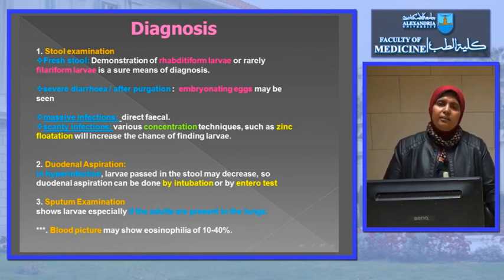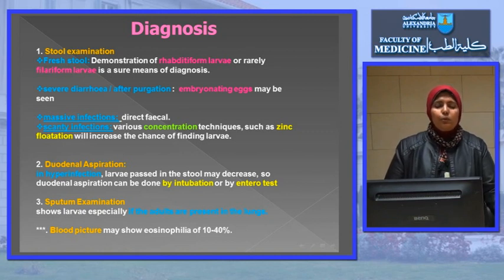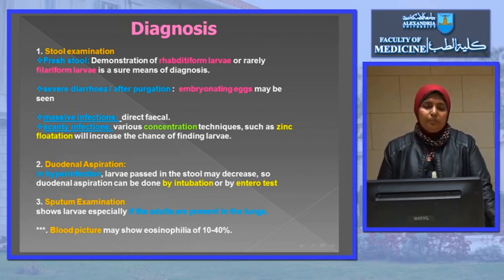But if it is in the hyperinfection phase where the adults reside inside the lungs, all stages could be detected inside the sputum. So mainly diagnosis is done by stool analysis, but we can resort to duodenal aspiration and sputum analysis.